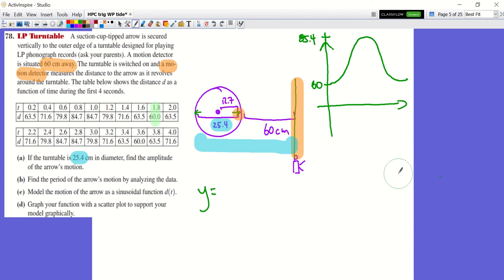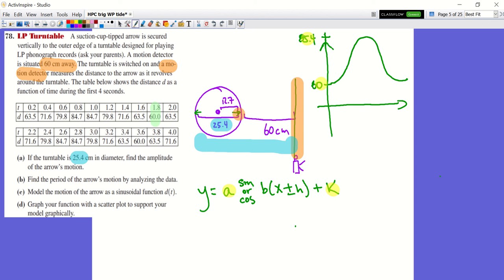A, B, H, K. y equals A, and then we're going to do sine or cosine, B, x plus or minus H, plus K. Now with these two pieces of information alone, right here and here, we're able to find A and K, okay?